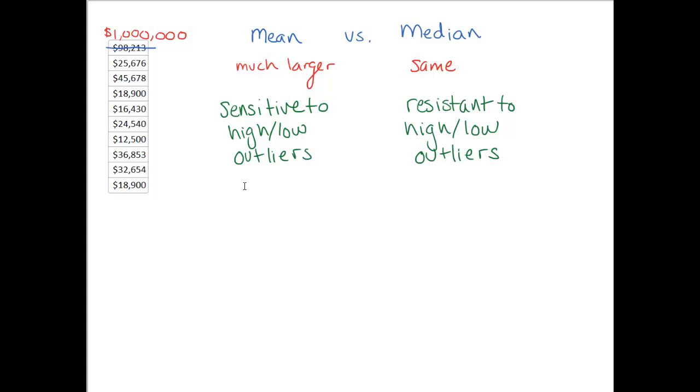In this salary example, if we wanted that $1 million to be factored in, we might want to use the mean. But if we are trying to talk about sort of a typical or average employee, the $1 million is not particularly relevant. So a median would be a better choice in that case. So keep this in mind when you're talking about mean and median in different problems, and try and think about what information is more relevant to what you're trying to study.